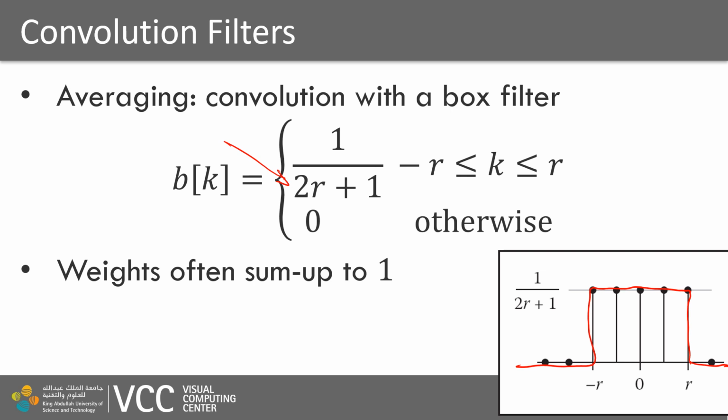We generally use a box with an odd amount of elements, which is then defined by the radius of such a filter, which goes from minus r to r. All the weights, if we are performing averaging, so a smoothing filter, will have to sum up to 1, so that the overall energy in the signal is not amplified or suppressed.